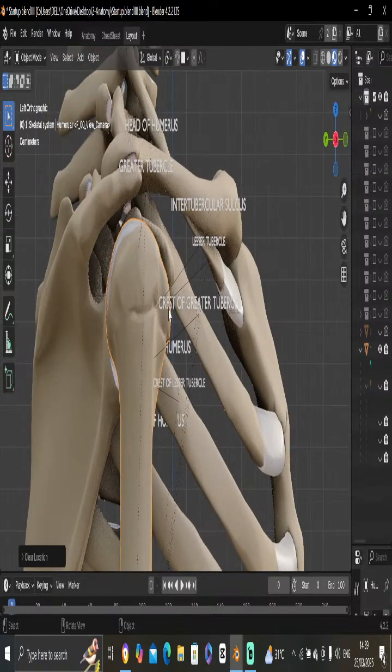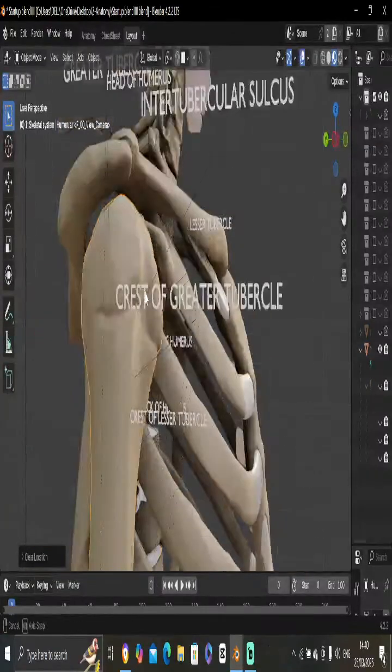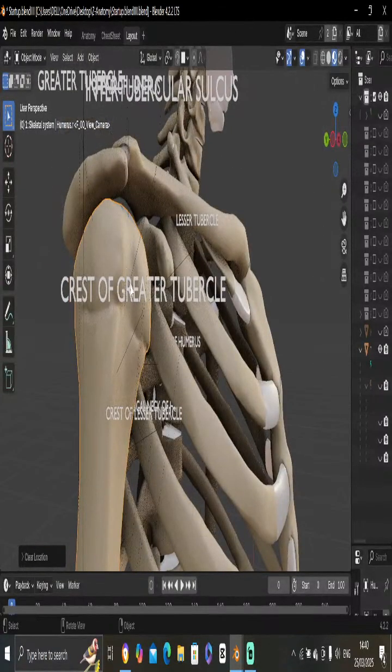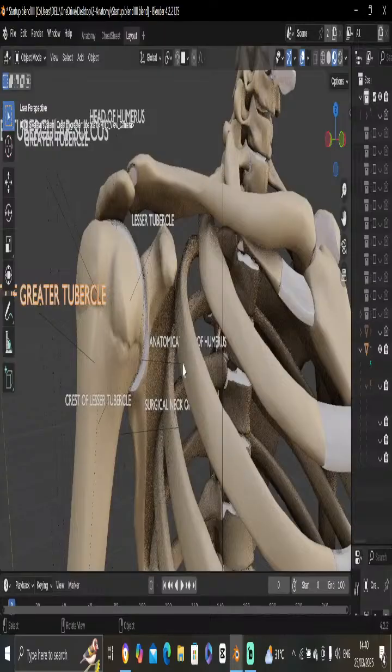So this is the lesser tubercle, projecting forward, while the greater tubercle projects laterally. In between, let me hide this labeling since it's disturbing our view.